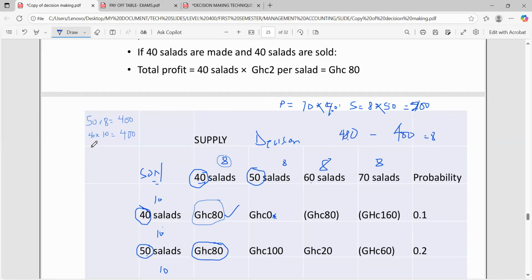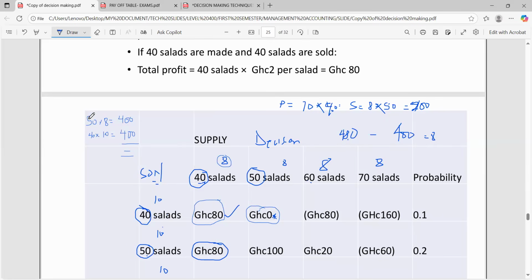And then you are buying just 40 out of it at 10 cedis. Am I making a profit or not? I'm not making a profit. That is how come this place is 0. In other questions, they'll tell you what to use the extra 10 for, and I'll show you a question like that.